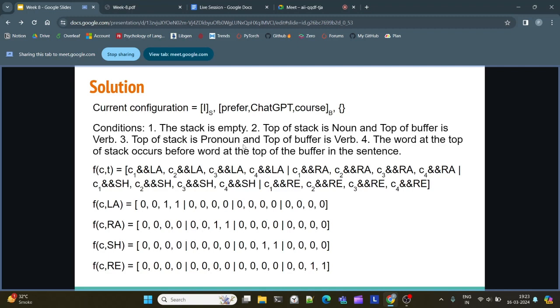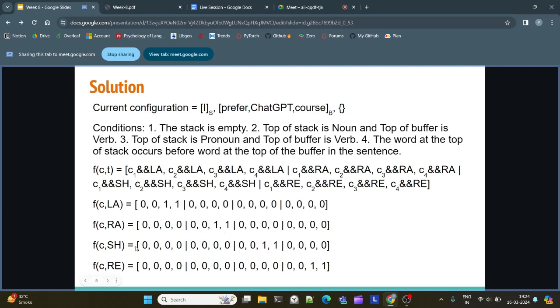The top of the stack is pronoun and top of the buffer is verb, correct, and I'm performing a right arc transition, yes, so true and true, I get a value of 1. Similarly I get a value of 1 because I occurs before prefer, the fourth condition, so this also evaluates to 1. And the remaining are zeros.